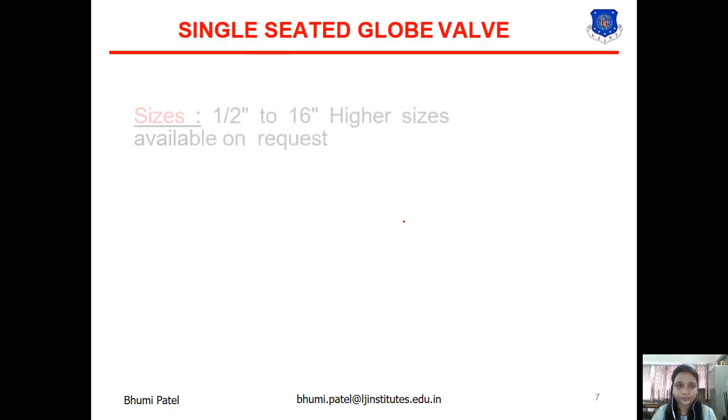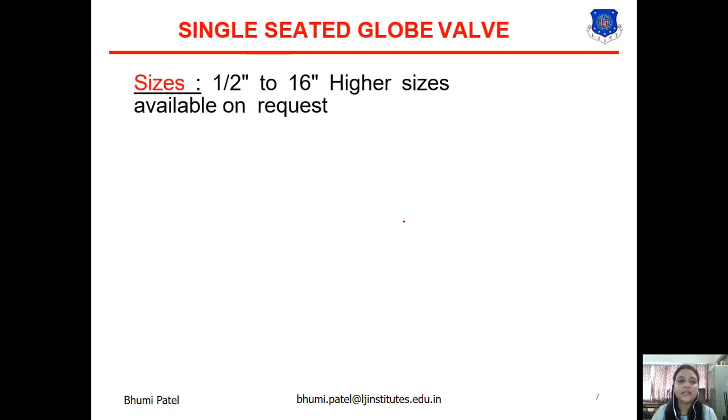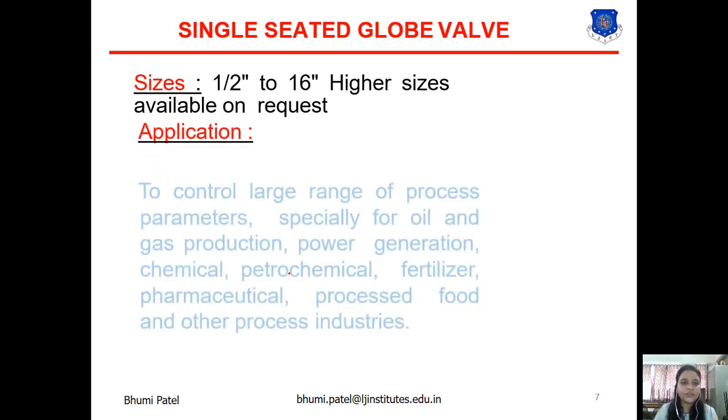Now the size of the single seated valve is generally 1.5 inch to 16 inch, with higher sizes available on request, but in different fields or instruments the size of the single seated globe valve varies. Now where is the single seated globe valve used?